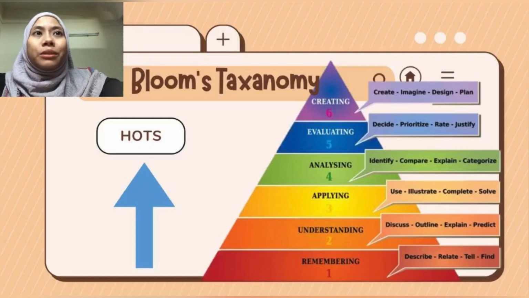Next, the image above visually demonstrates the levels of Bloom's taxonomy for teachers planning their lessons and units using higher order thinking skills.